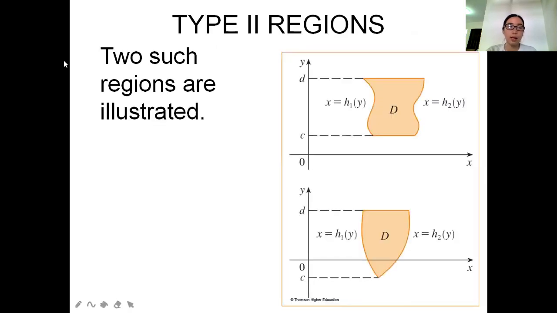So let us remember these criteria, where the functions should be continuous. Two such regions are illustrated in this type 2 class of regions, okay?